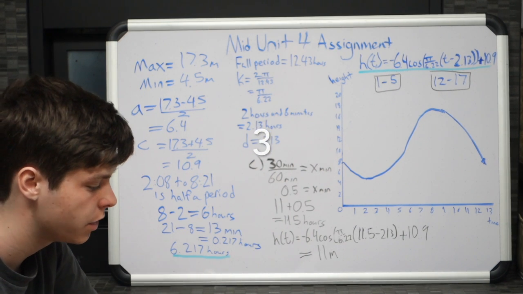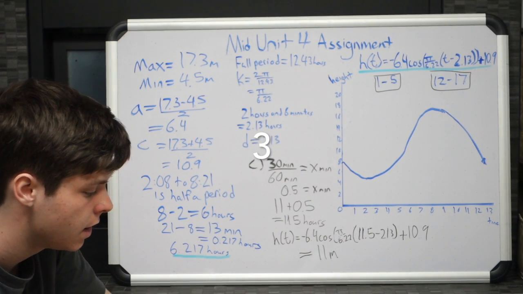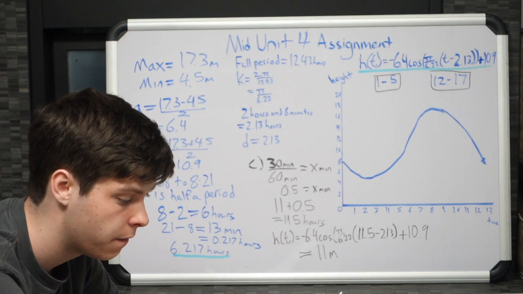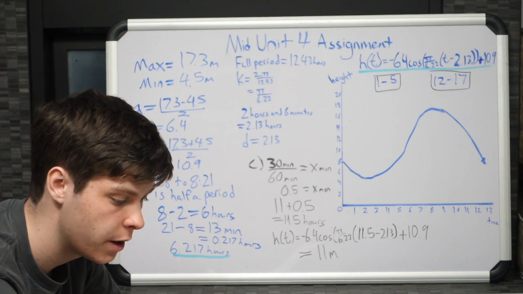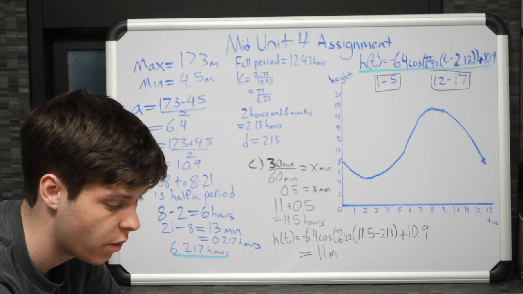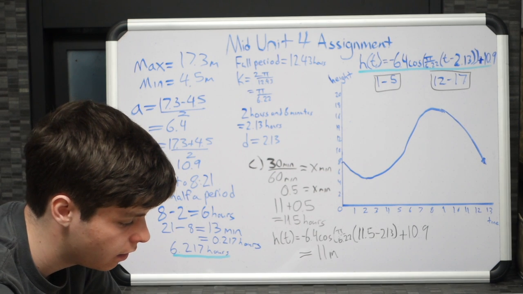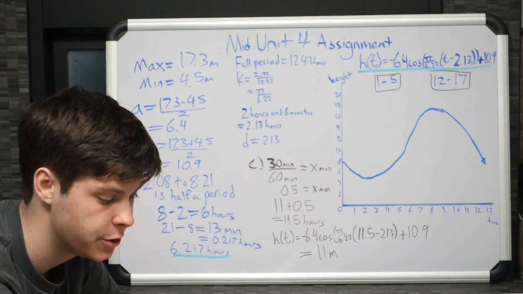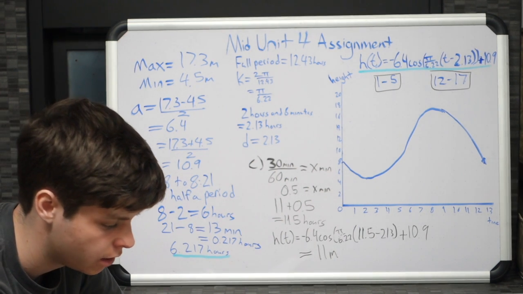Okay, so this is question 3. And the question is, the height of the tide in the Bay of Fundy relative to a pier varies from a low of 4.5 meters at 12:08 to a height of 7.3 meters at 8:21, measured with a 24-hour clock.